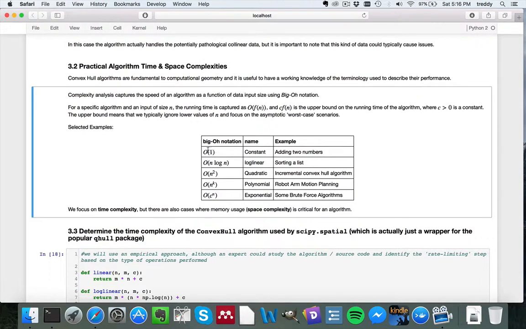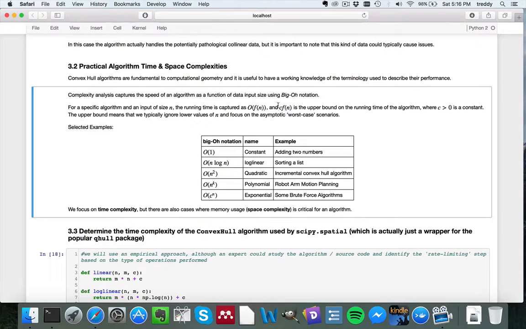You can see in this table here, there are these different performance time complexities, and they all have this big O notation. Then in the parentheses, we have the actual function that varies as a function of the number of input points, n. So here we have O, which is the big O notation, and then f of n, which is how much the total calculation time varies as a function of the number of input data points, n.